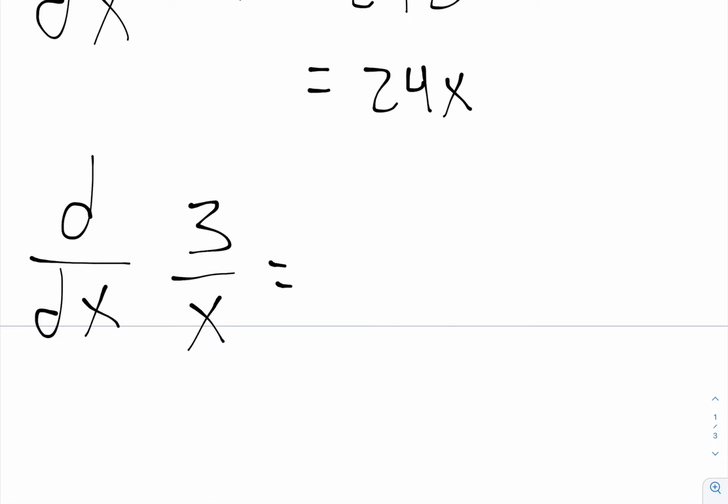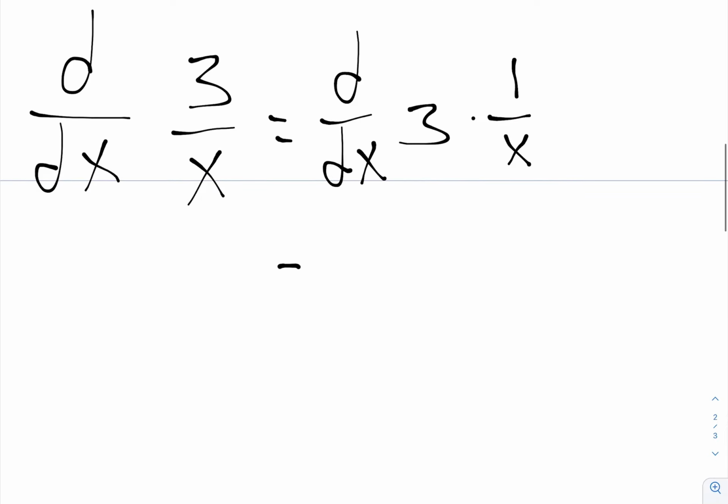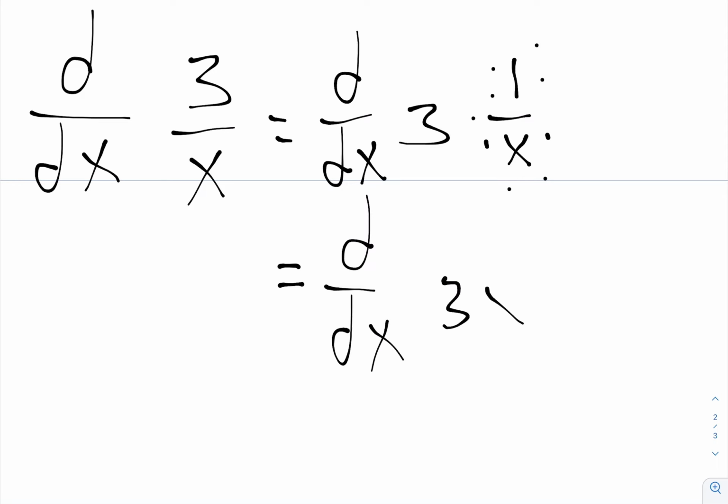So this is equal to the derivative with respect to x of 3, which is what we're multiplying 1 over x by, right, times 1 over x. So 3 times 1 over x is just 3 over x. And 1 over x, we can write that as a power of x to the negative 1. So anytime we have 1 over x, that's just whatever's on the bottom, which is x to the power of negative 1.